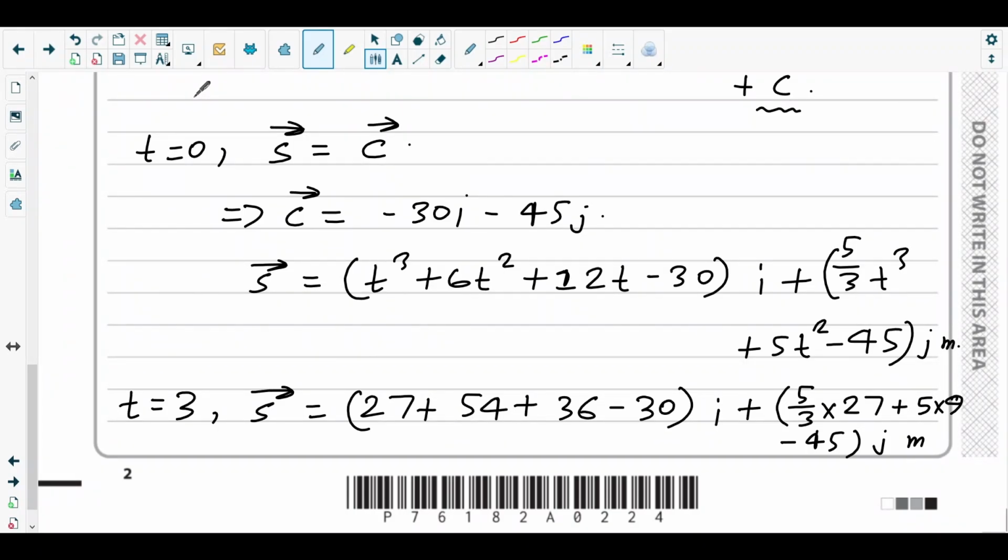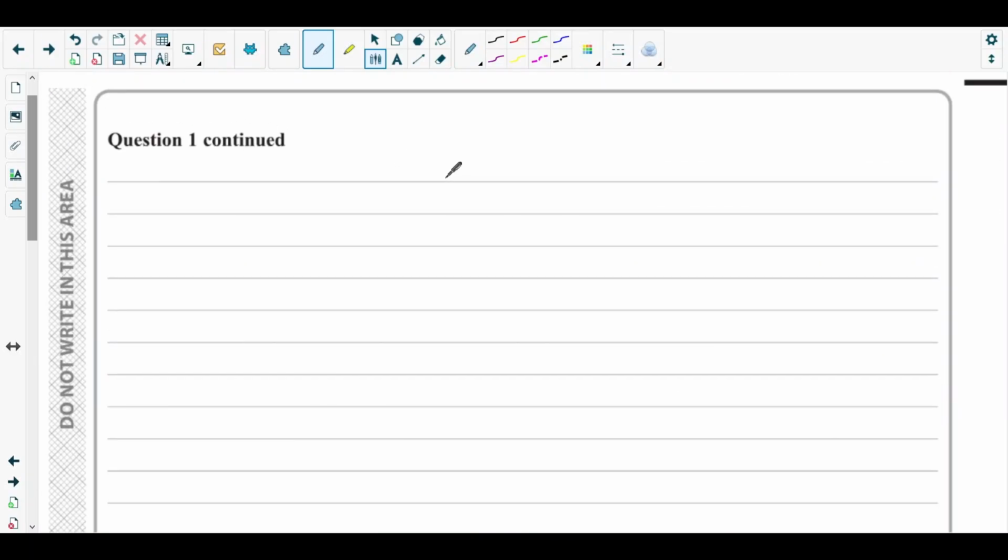So at first, the i component: 27 plus 54 is 81, 81 plus 36 is 117, so 117 minus 30 is 87. So at t equals 3, the i component of the position vector is 87i.